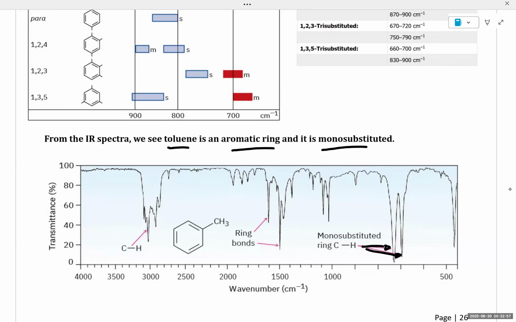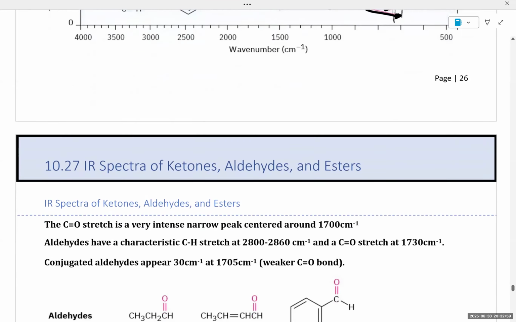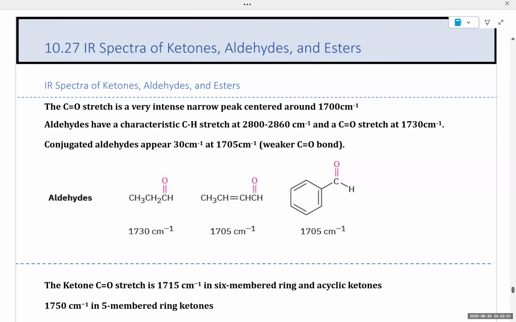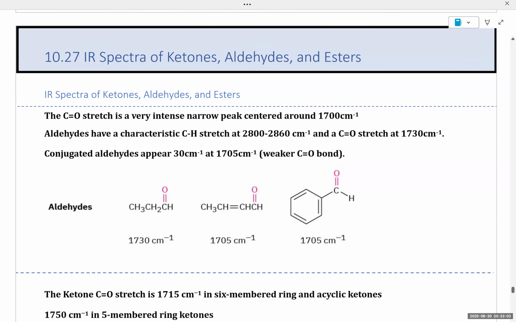Okay, let's continue on now and discuss another very important functional group, which is the carbonyl functional group. And let's talk about the IR spectra of ketones, aldehydes, and esters. The CO stretch is a very intense narrow peak centered around 1700. Aldehydes have a characteristic CH stretch at 2800 to 2860 and a CO stretch at 1730.